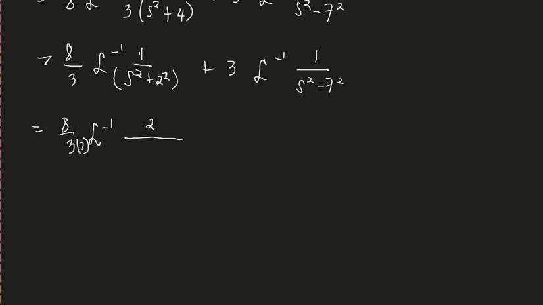So, we have, copy ko na din, s squared plus 2 squared plus 3. Then we have, kinanglanan ko dari sang 7 sa babaw. So, I have 7. I have to divide by 7. So, this is equal to s squared minus 7 squared.